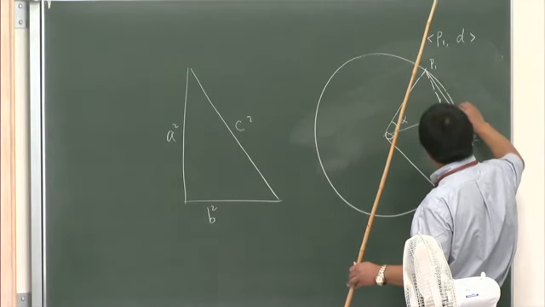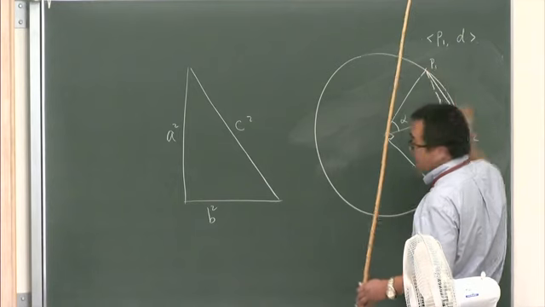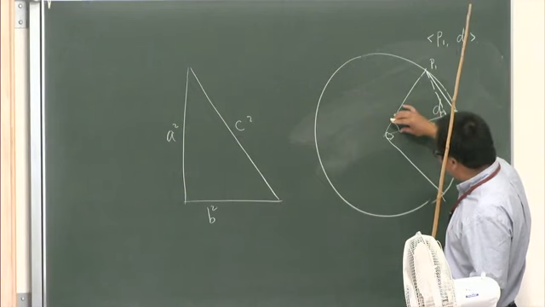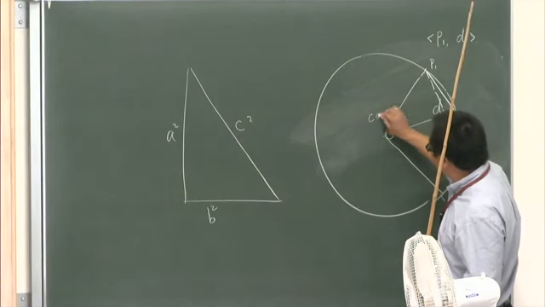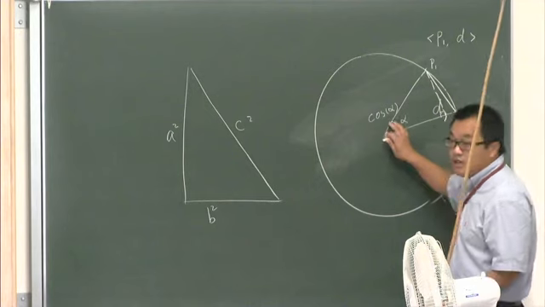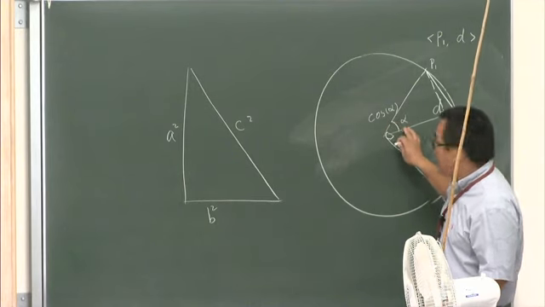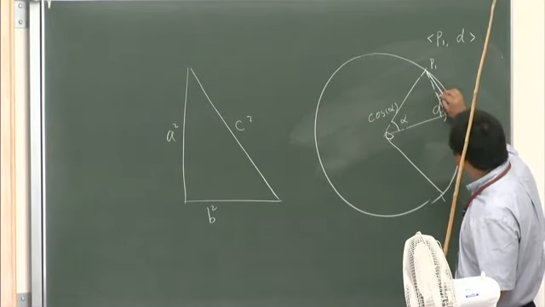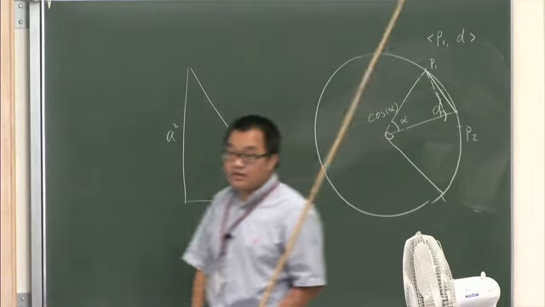Look at these two. If you want to maximize the cosine of this angle, you would see this distance and this distance are very close.